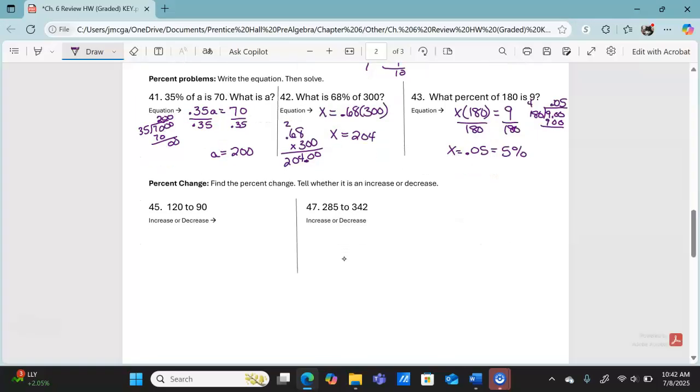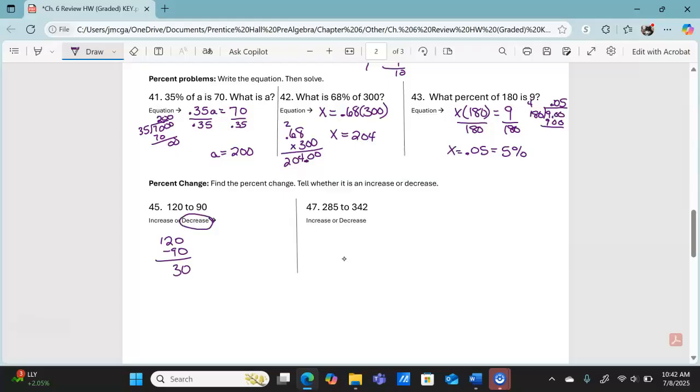And then 45 and 47, calculating the percent of change and telling whether it's an increase or decrease. So the first thing we're going to do is 120 minus 90 is 30. And so we get 30, and it is a decrease.